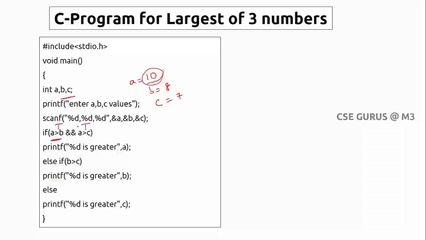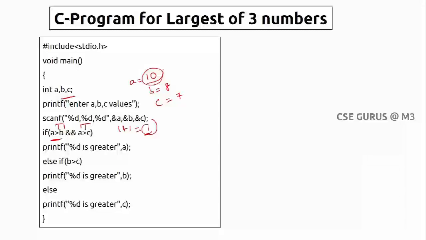Remember one more point: we are assuming it as true, but the compiler takes true as a non-zero value. Here it is 1, and here also 1. So 1 and 1, or true and true. Of course, true means 1, or any non-zero value. So this if condition value is 1.